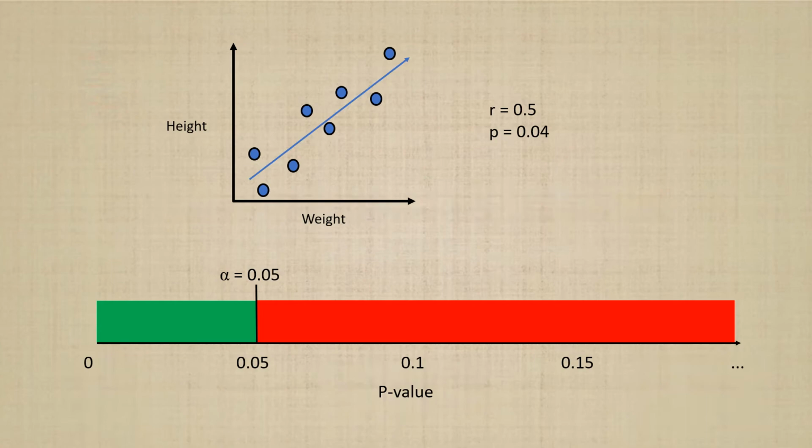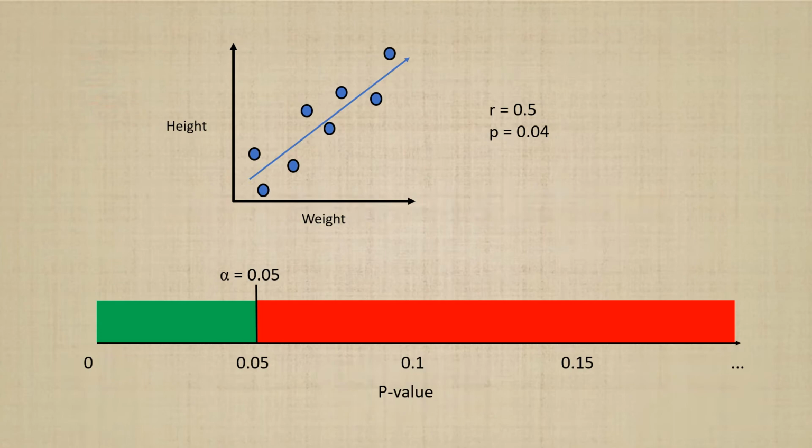The alpha level is typically set at 0.05, meaning that an effect is only considered statistically significant if its p-value is below 0.05. This also means that true effects will only be recognized as statistically significant if their p-values are below the alpha level.